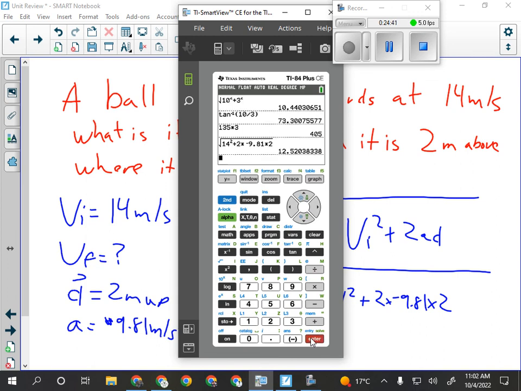All right, so 12.5, actually we only have one significant digit, so 13.